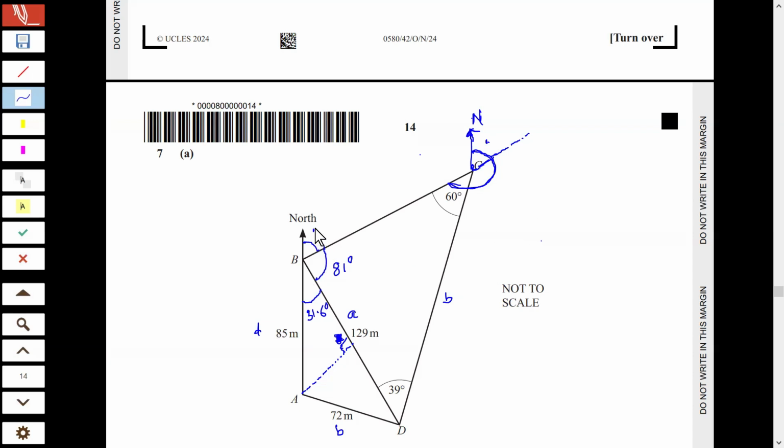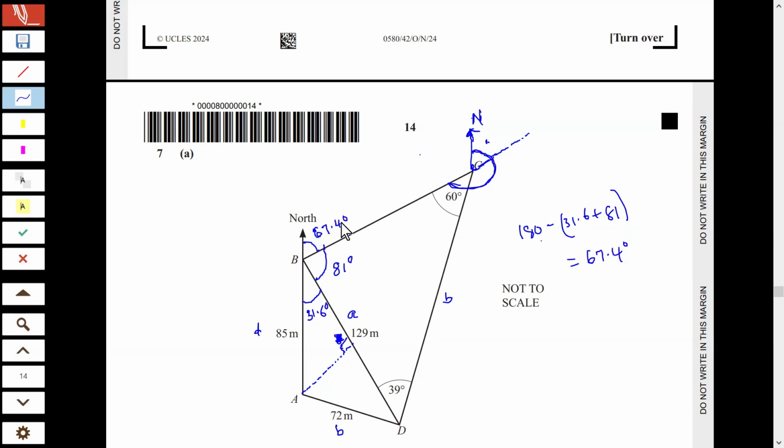So we can find this angle by adding 81 to 31.6 and subtracting from 180. We can say 180 minus 31.6 plus 81. After adding and subtracting from 180, we should get 67.4 degrees. So this angle is 67.4 degrees.